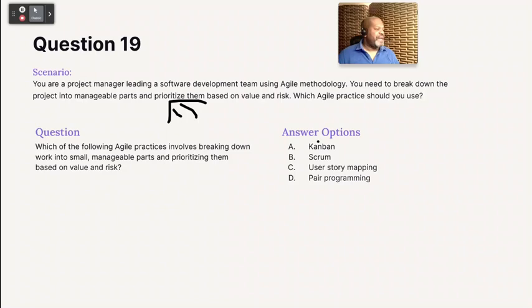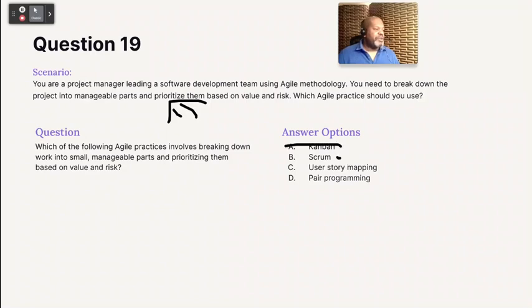So let's move on to the answers and see if we can answer that question. So Kanban is a visualization tool that you would do with your scheduling. So that's not the breaking down piece.